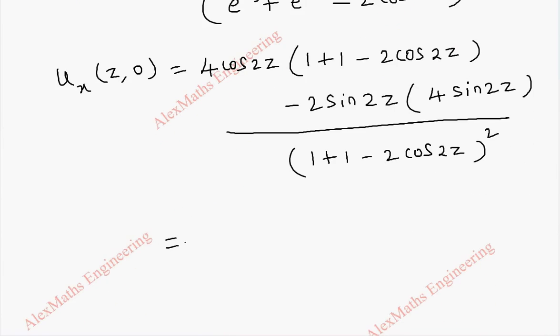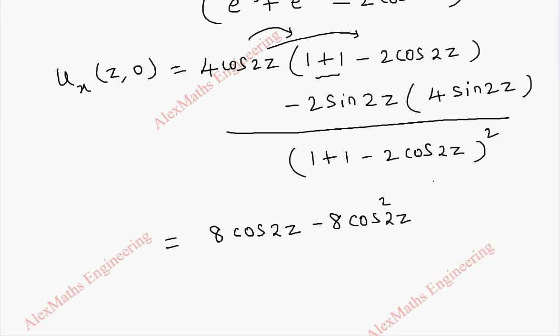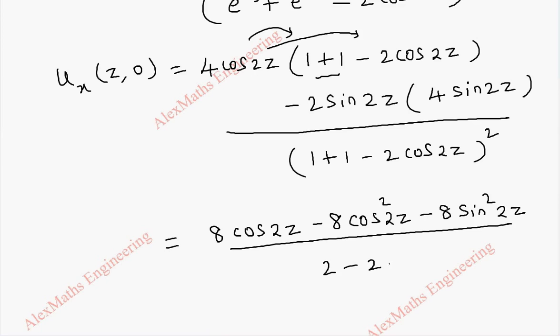Now this is 2. When I multiply this here, 8 cos 2z. Again this, if I multiply with the next term, minus 8 cos square 2z, then again this is minus 8 sine square 2z whole division, 2 minus 2 cos 2z whole square.